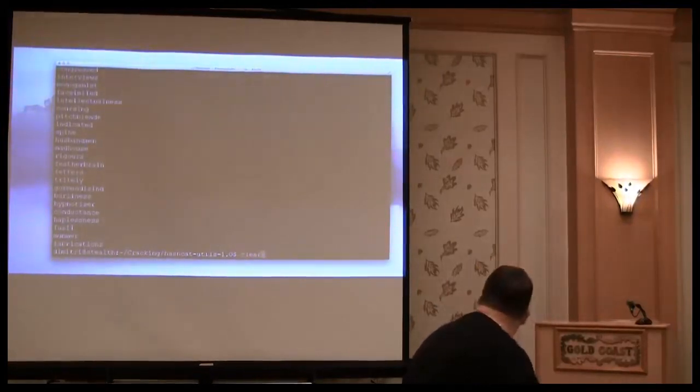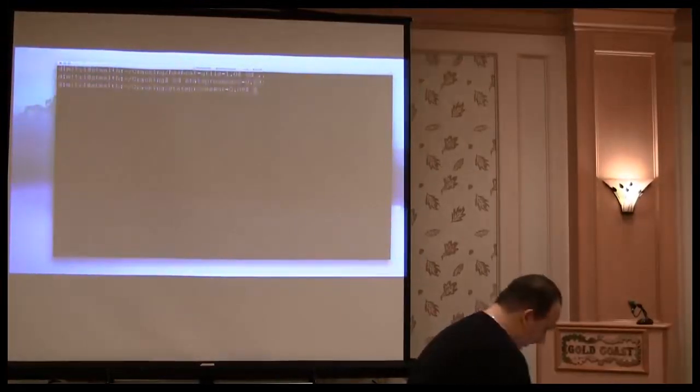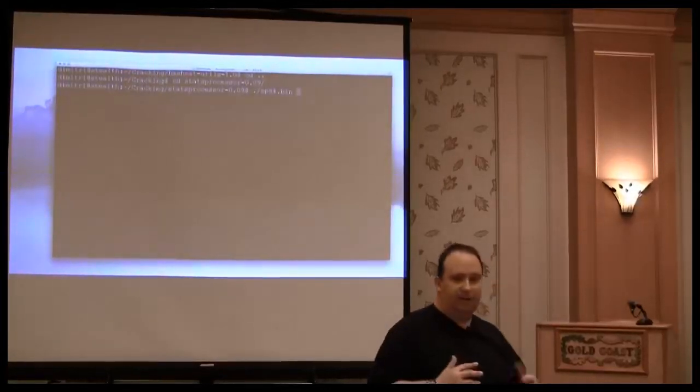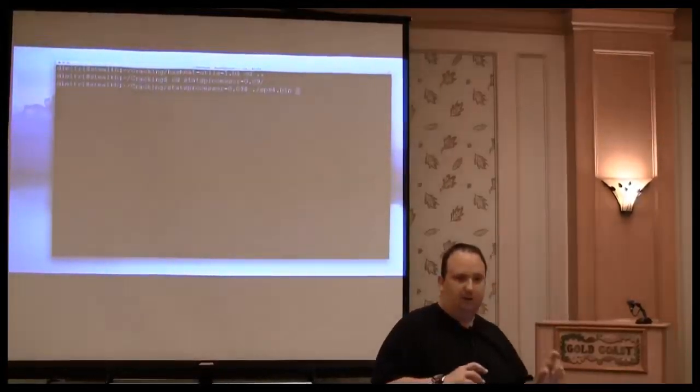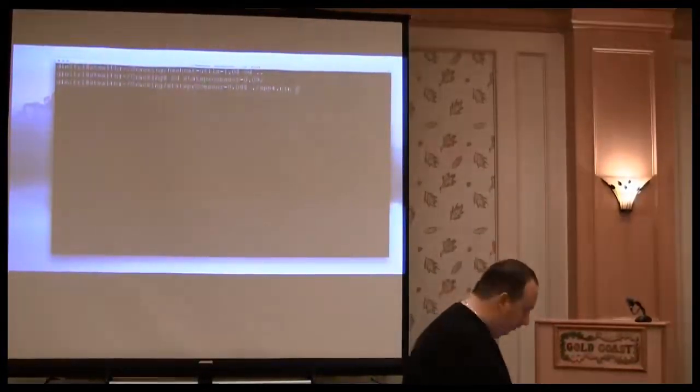Alright, so let's go back. Now we're going to use a tool called stats processor in hashcat. The stats processor basically is going to do our brute force for us based on the Markov. It's going to do a Markov attack for us based on the statistics file that we're inputting.